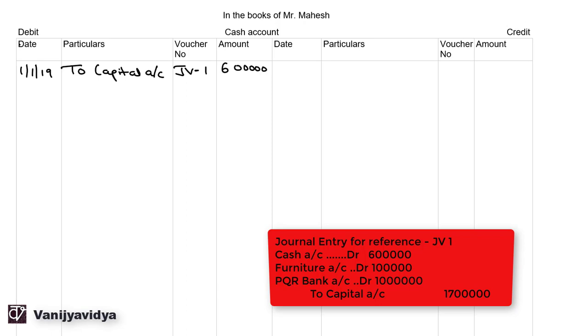Whenever we are posting a ledger entry, we have to give the impact of the opposite account. In this case, cash account is debited, so the equal and opposite impact is the capital account. So on the debit side of cash account, we write to capital account 6 lakhs.